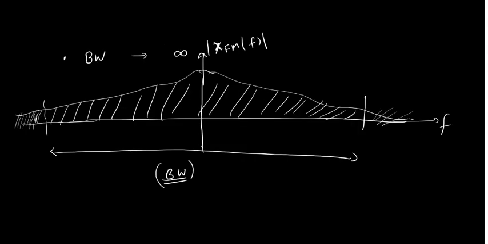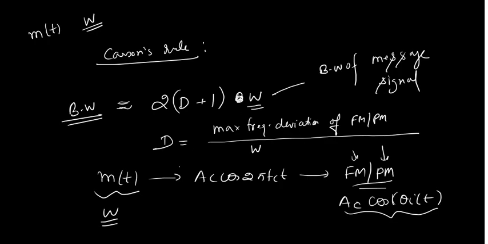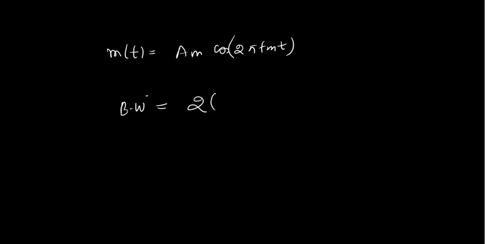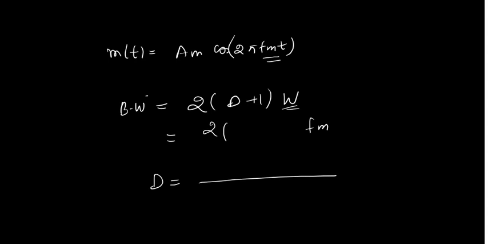So, let's focus on when your m(t) is a tone signal, then what would be your bandwidth? Bandwidth is 2 times (D plus 1) into W, right? Bandwidth of the FM or PM signal. W is fm here because this is a single tone and the frequency component is at fm. What is D? D is the maximum frequency deviation divided by fm.